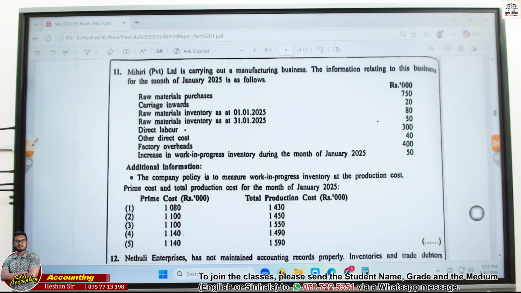Raw material purchases, carriage inwards, opening raw material, closing raw material, then the direct labor, other direct cost, factory overheads, increase in work in progress inventory during the month of January 2025 is given. Additional information: the company policy is to measure work in progress inventory as a production cost. First one, they are asking prime cost and the total cost.